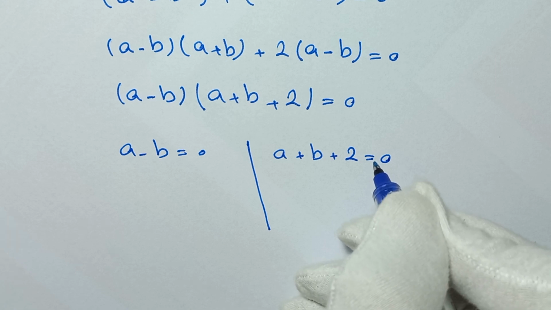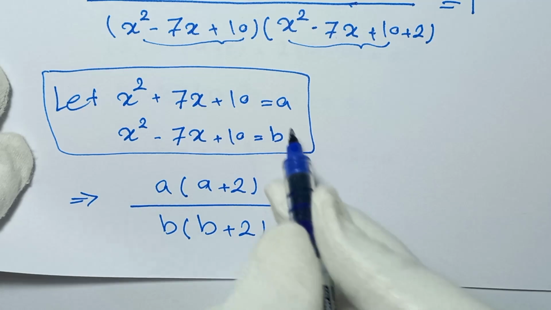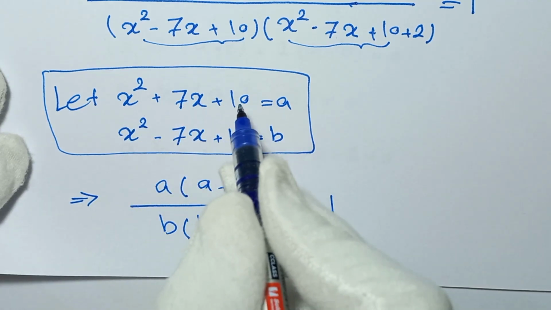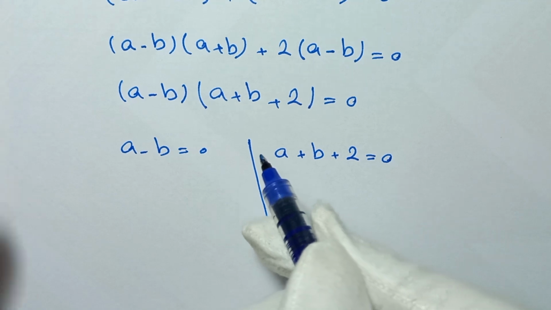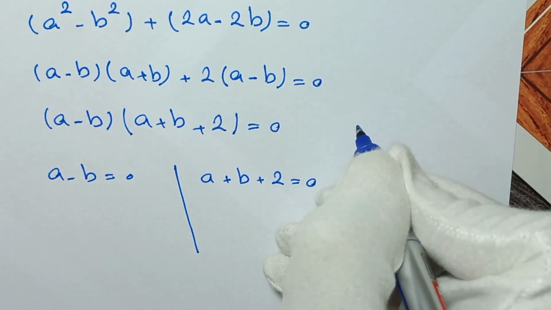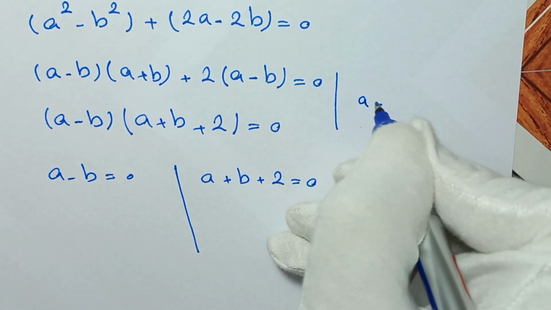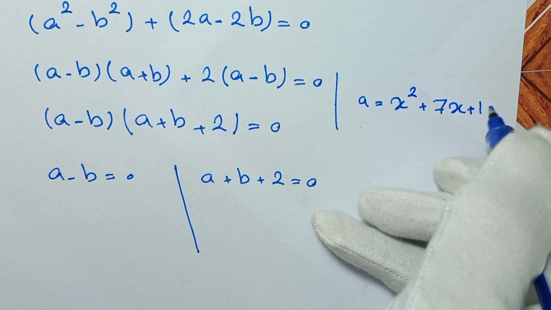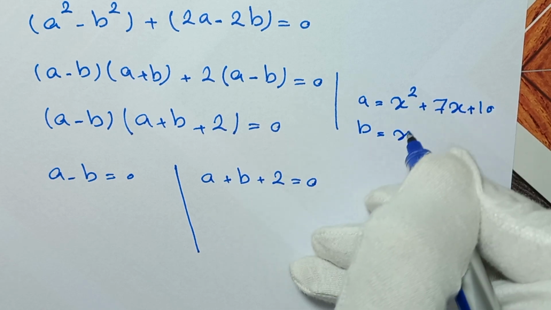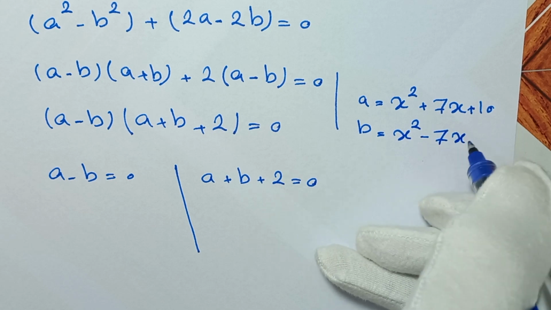So in the next step we recall a is x squared plus 7x plus 10 and b is x squared minus 7x plus 10.